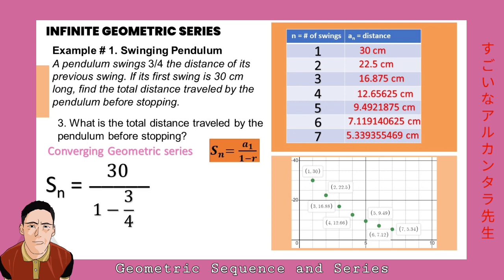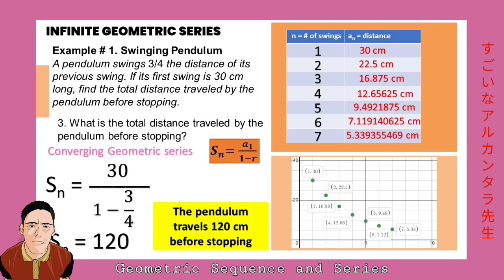The first swing is 30 centimeters. And then 1 minus r. Your r is 3/4. So 1 minus 3/4, you can do that manually. That's 1/4. So 30 divided by 1/4, you're going to get 120. Meaning to say the answer to this word problem is that the pendulum travels 120 centimeters before stopping. As easy as that. Okay?